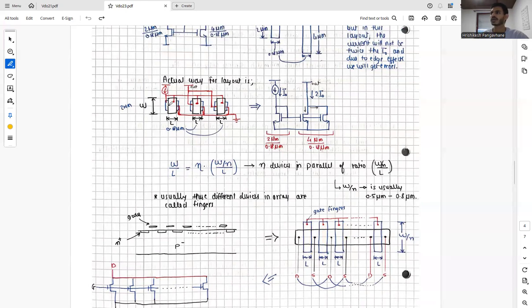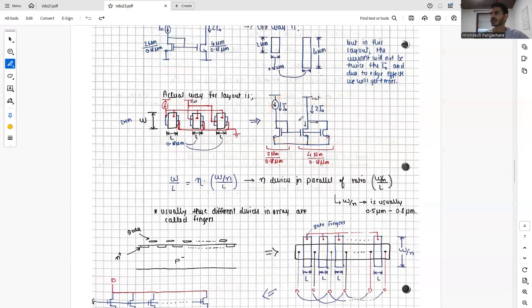And over here also, if we want to realize this kind of structure, we have three MOSFETs in parallel, and the drain is connected to the gate like this, and the input current, or the reference current, is given from here. The drains of the other two MOSFETs are connected to each other, and the output is taken from there, as well as the gates of all three are connected together, and the drain of the first one is connected to the gate, and all the sources are connected to the ground.